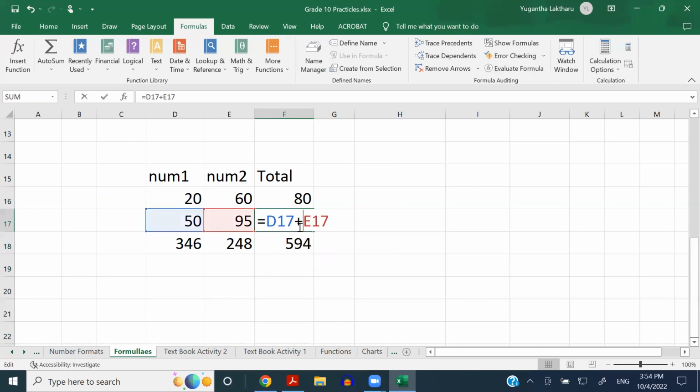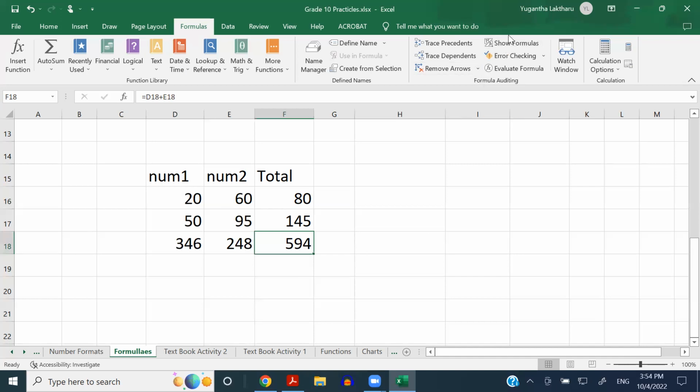So it automatically copies the particular formula. Are we clear about this, people? Yes, sir. Okay, so this is what you call relative reference, right? Why is it called relative reference? It is because it changed relatively.